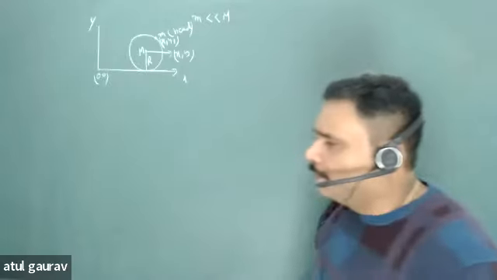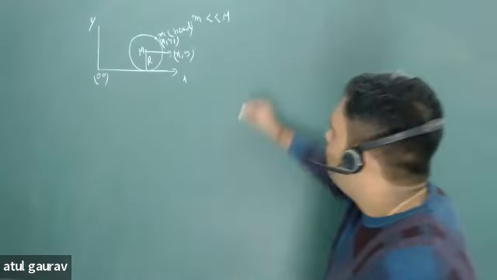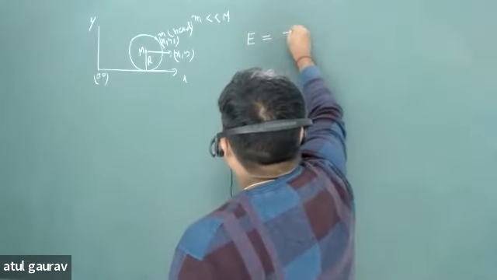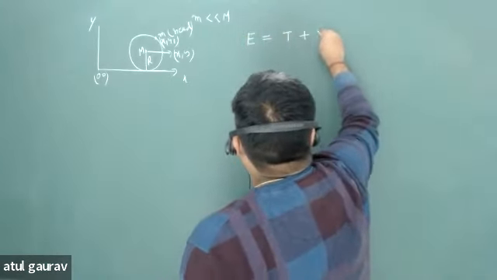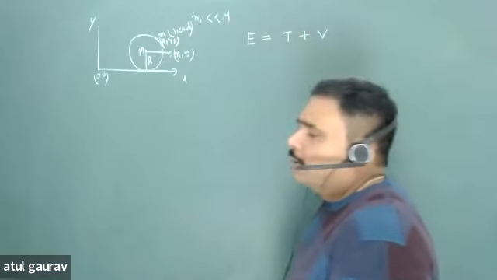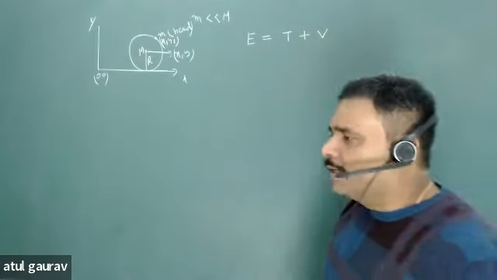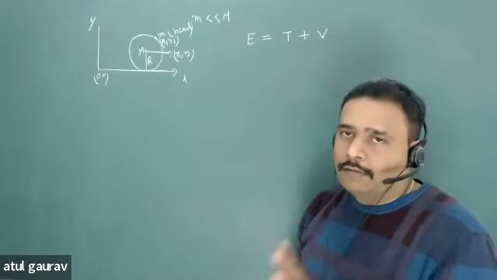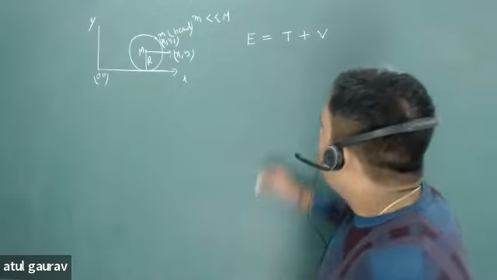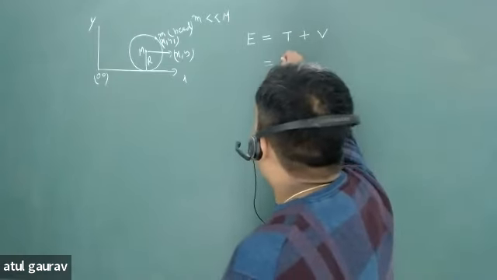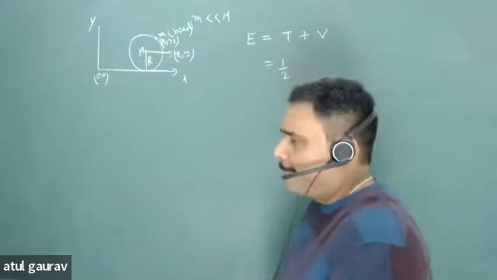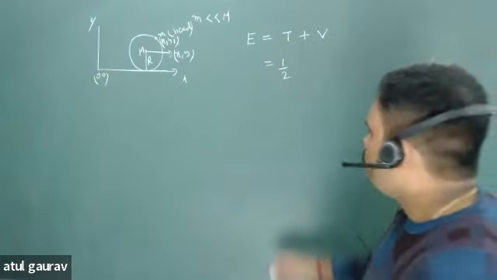So here you have to write the total energy of the system. Total energy of a system is equal to kinetic energy plus potential energy. So here we have to go for kinetic energy for the ring as well as for the mass. So what will be the kinetic energy for the ring?